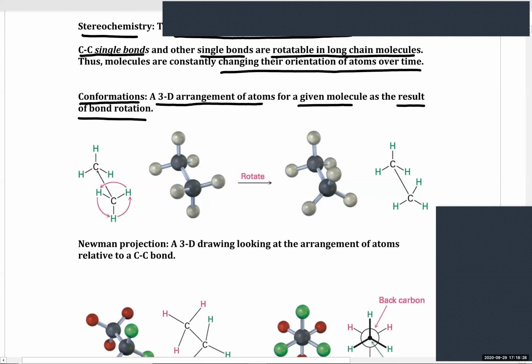So, for example, if we have the following carbon-carbon bond, we can rotate our carbon-carbon bond and in turn change the relative position of our atoms. So all we're doing is rotating our carbon-carbon bond. And as you see, we have a different 3D arrangement of atoms.